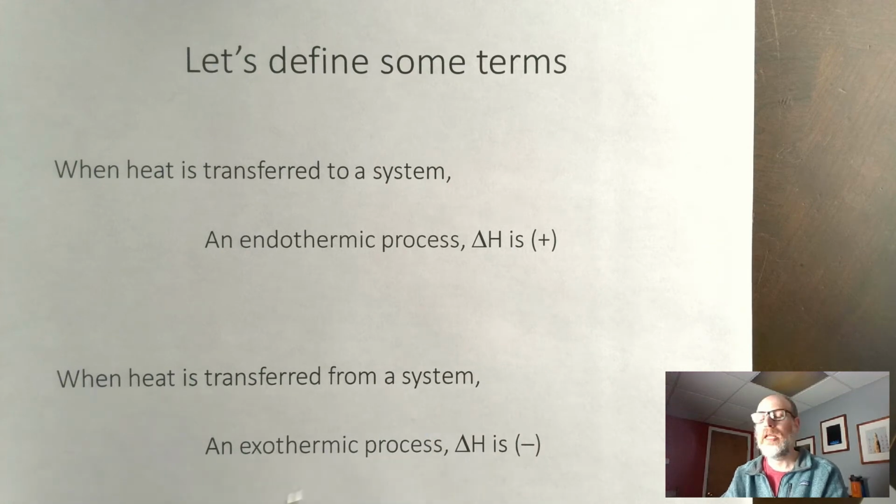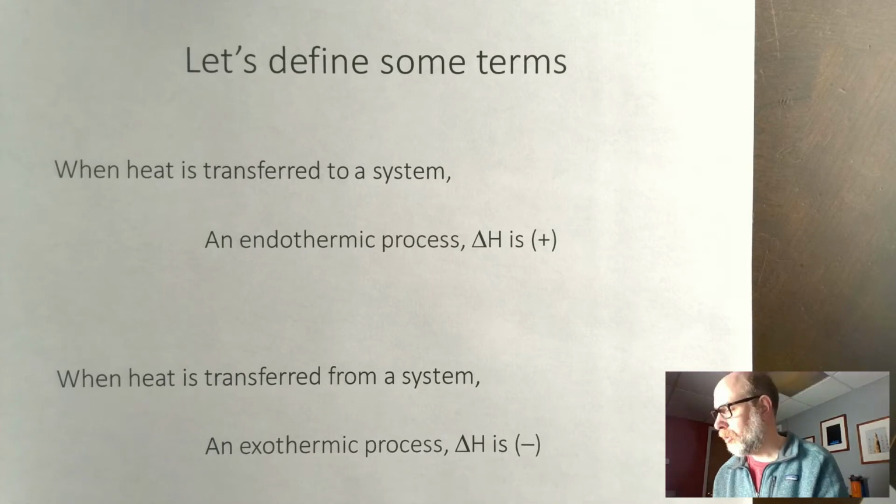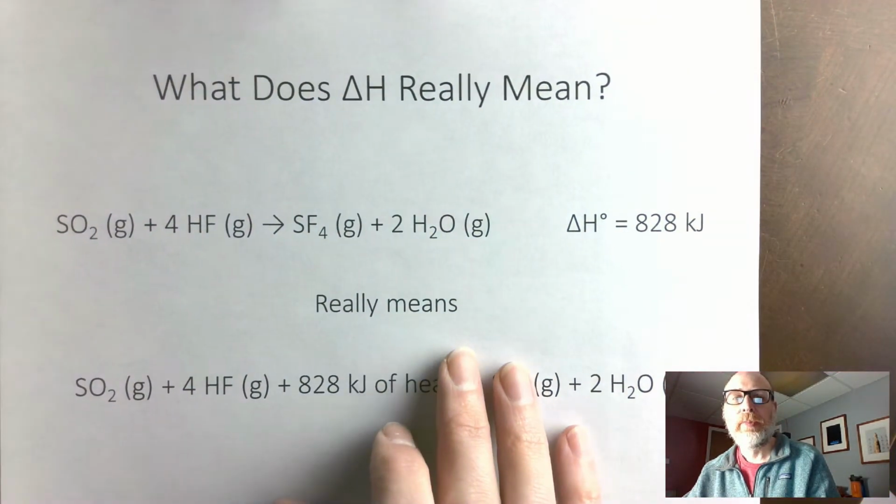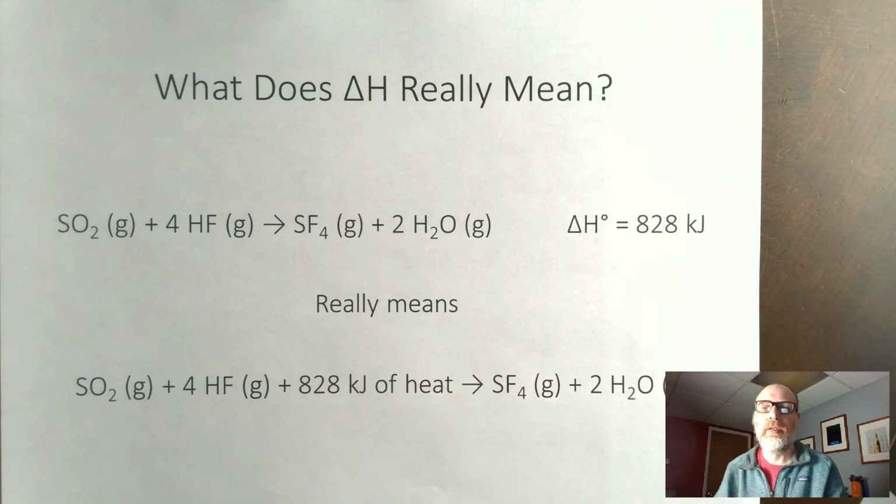When heat is transferred from the system along with the products, it's what we call an exothermic process, and the sign of the enthalpy change for a situation like that would be negative. I think you all know that already, but I want to make sure it's ultra super clear exactly what that means.